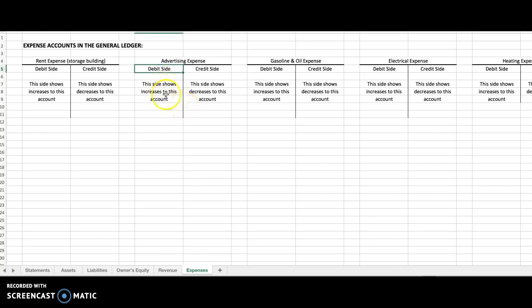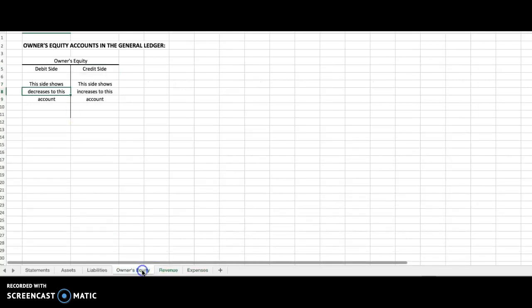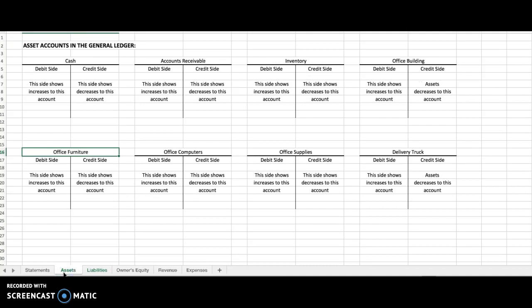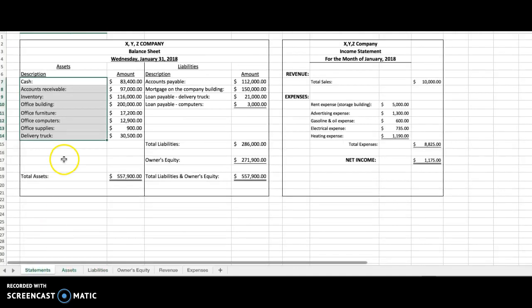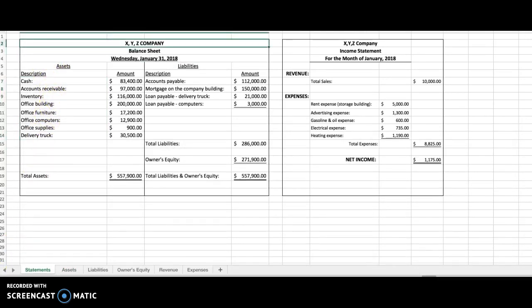Okay? So that whole concept with expenses, with revenue, with owner's equity, liabilities, assets, all reflect back to accounts, which we found at the beginning on our financial statements. At this point, I would remind you that it would be important to review this, take notes if you need to, copy down those things called T accounts.